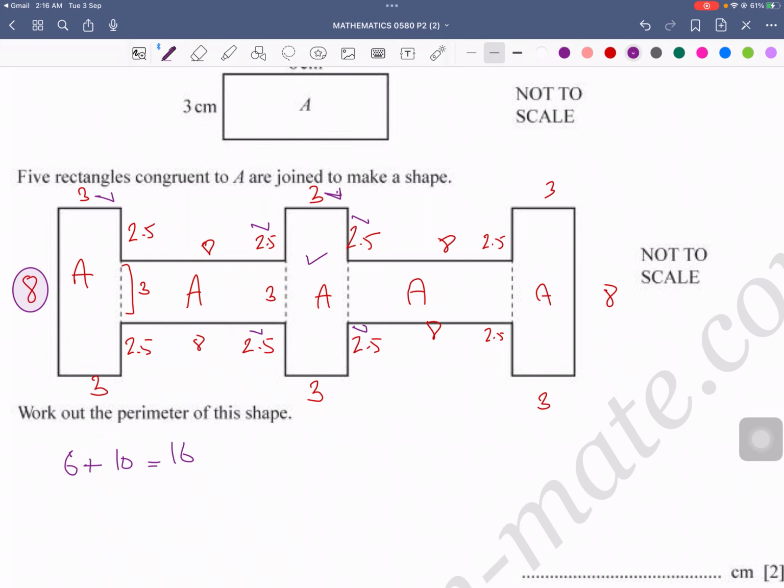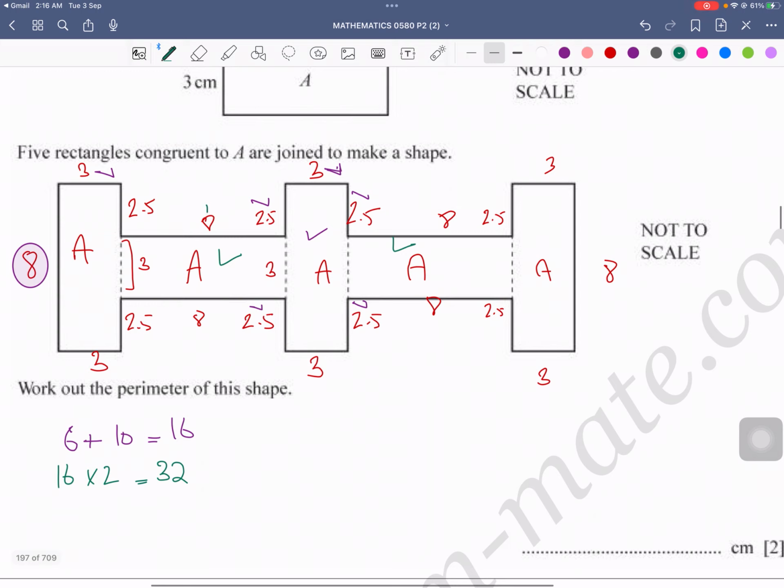Then there are 2 figures like this. So the perimeter of each of them is 16, and because they are 2, it becomes 32, right? Then there are 2 of these, right?